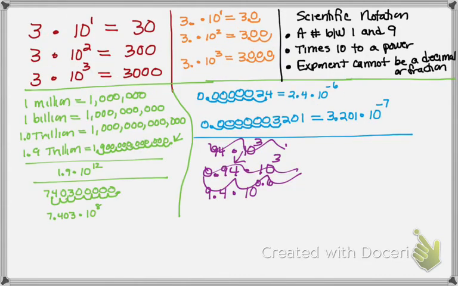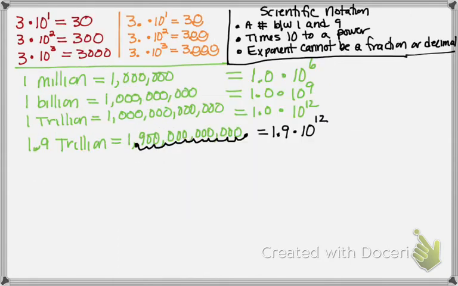Okay, now, before we go in and start our lesson, I need to show you how to take a number that's in scientific notation and write it as a standard number. So say I give you the number 2.3 times 10 to the 5th power.